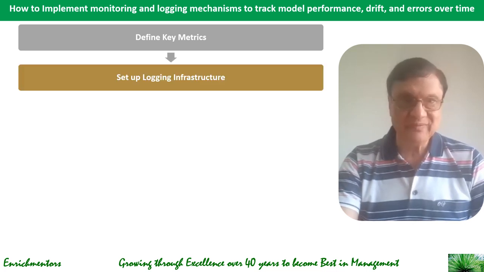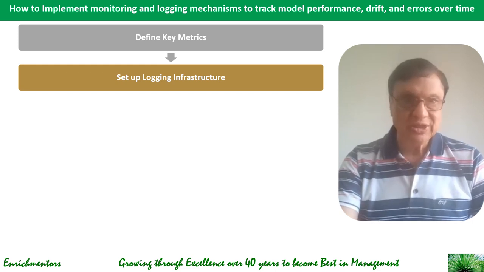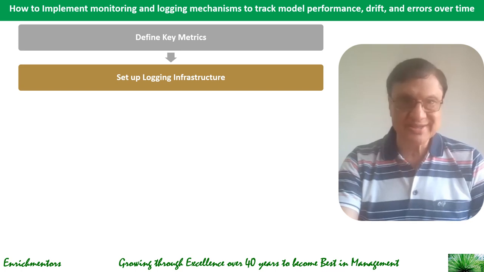Choose a logging framework or service to collect and store log data generated by the deployed model. Now, the popular logging solutions include ELK Stack, Splunk, Prometheus, Grafana, and custom logging libraries.